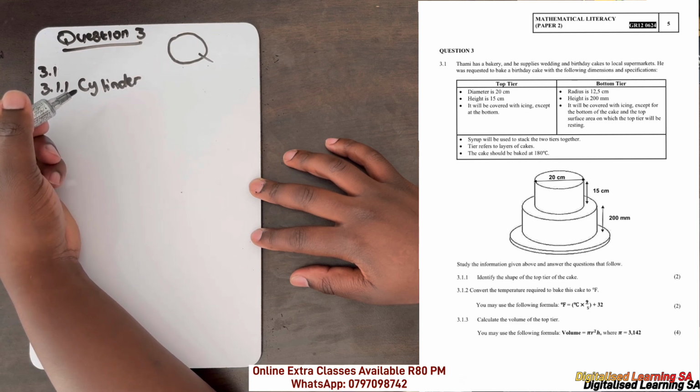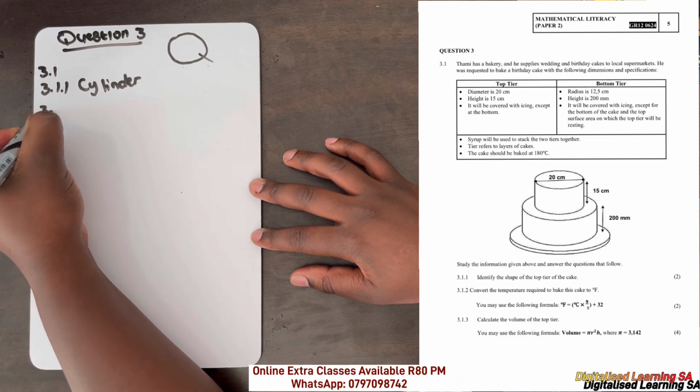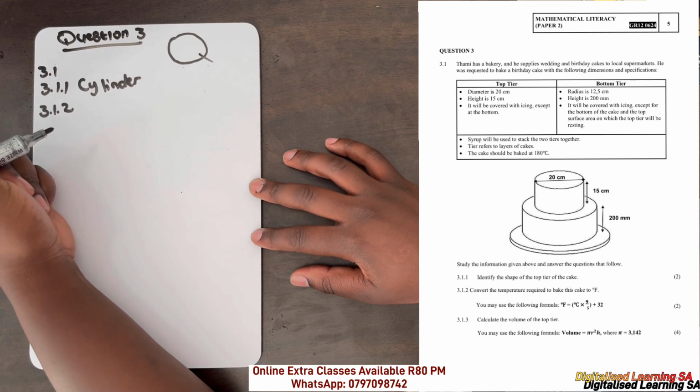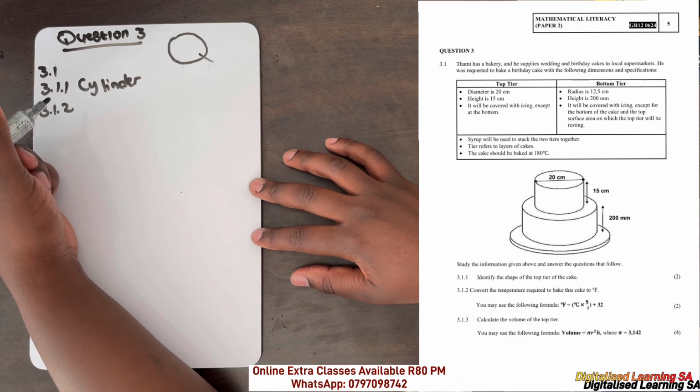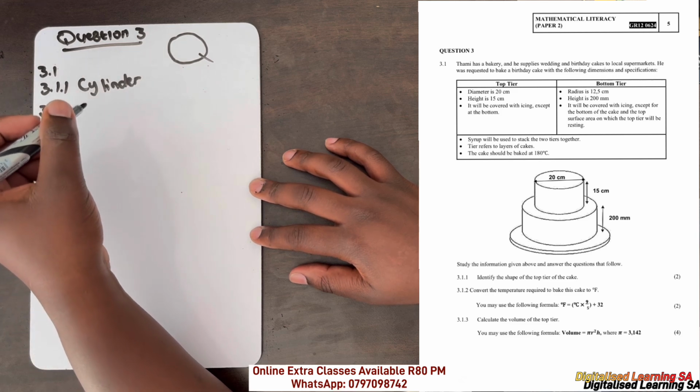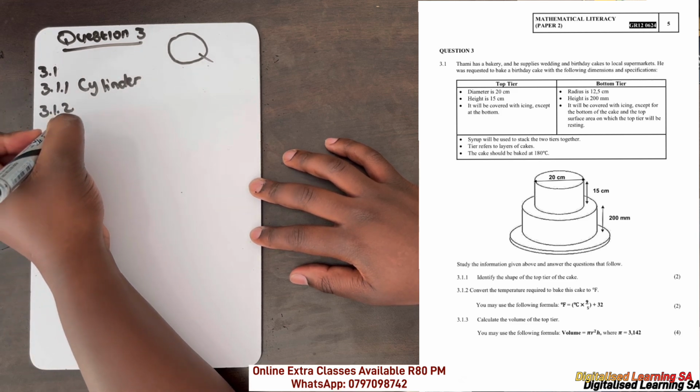Now let's move to the next question, question 3.1.2. It says to convert the temperature required to bake this cake to F, which is Fahrenheit. This is very straight to the point. We are told that the cake should be baked at 180 degrees Celsius, so we replace the 180 in our formula.